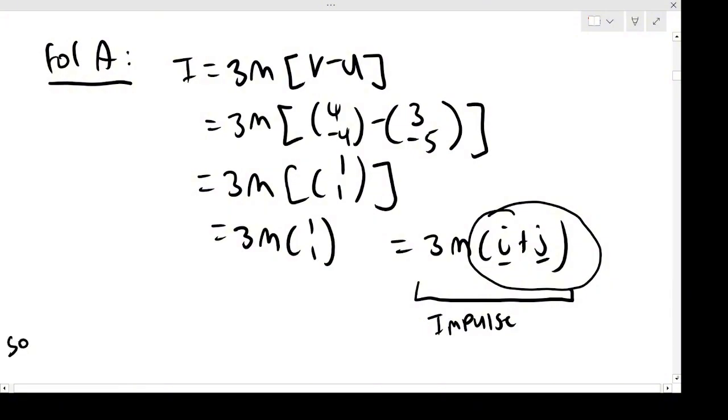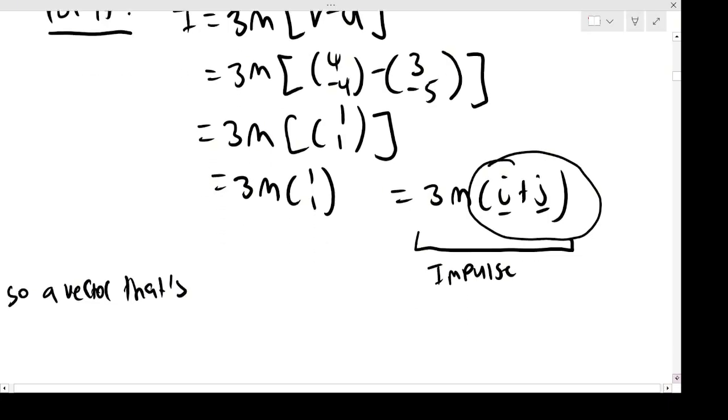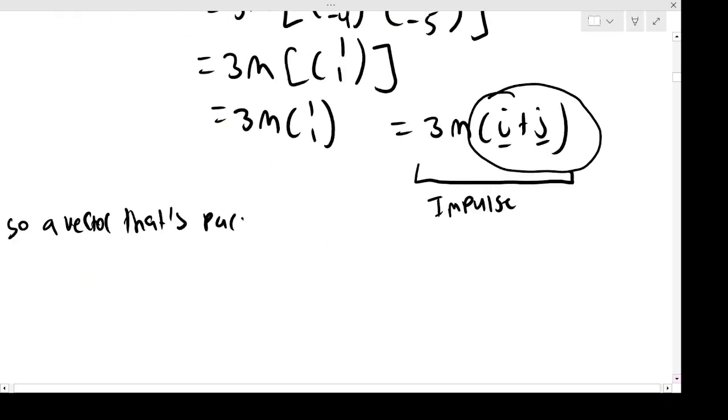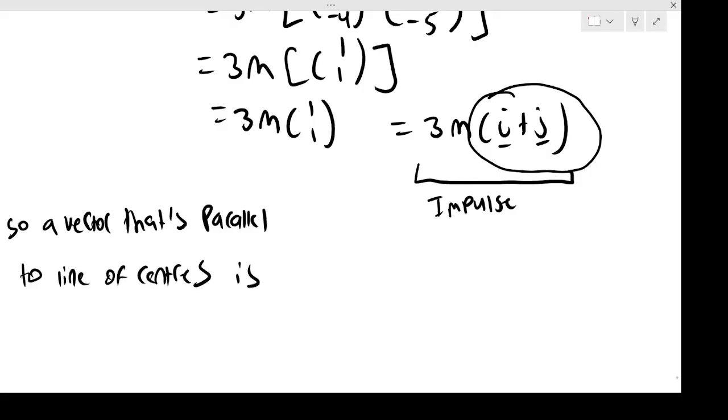So what I can say is a vector that's parallel to the line of centres is, and I'm going to represent this by an i with an arrow on top of it.